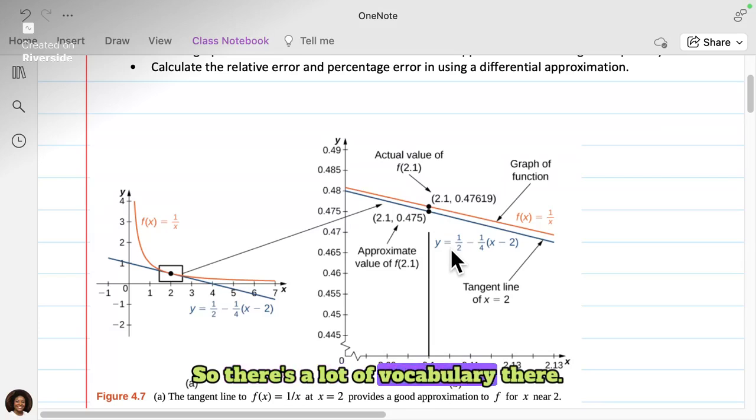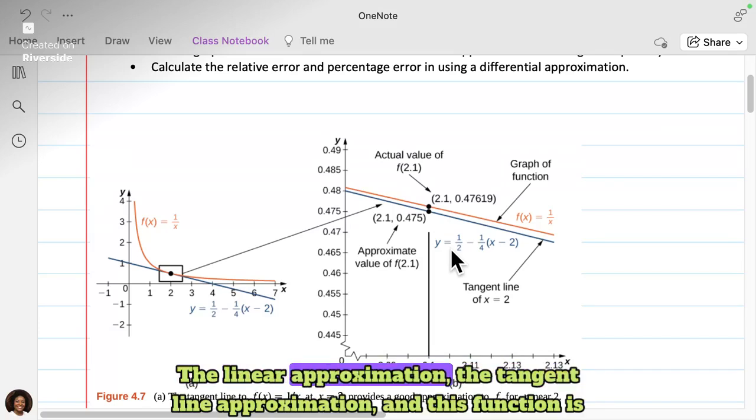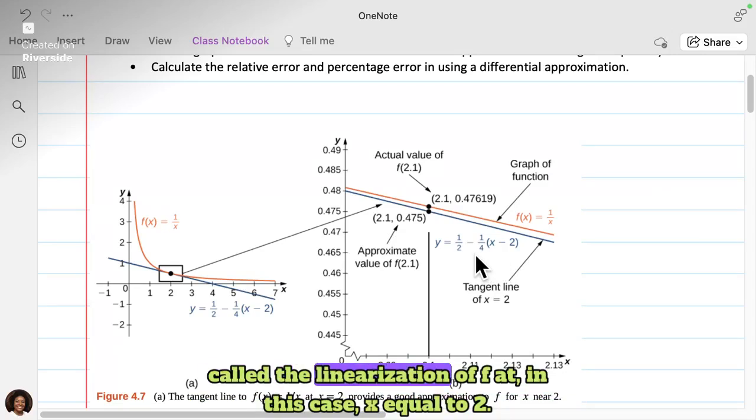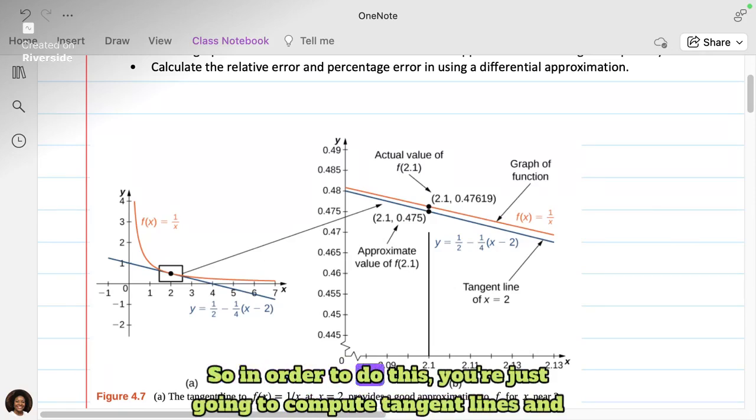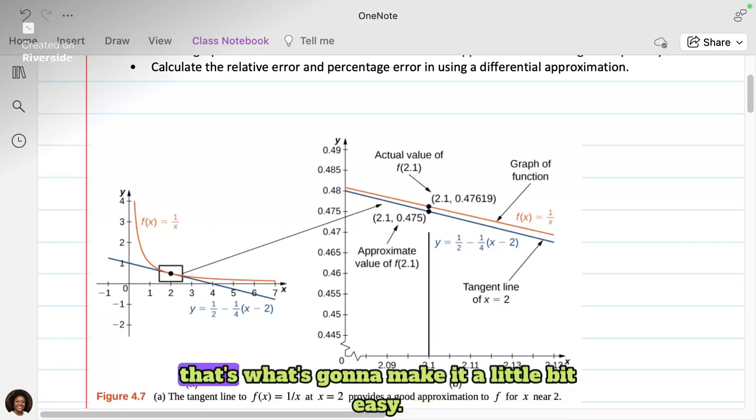So there's a lot of vocabulary there. The linear approximation, the tangent line approximation, and this function is called the linearization of f at, in this case, x equal to 2. So in order to do this, you're just going to compute tangent lines, and that's what's going to make it a little bit easy.